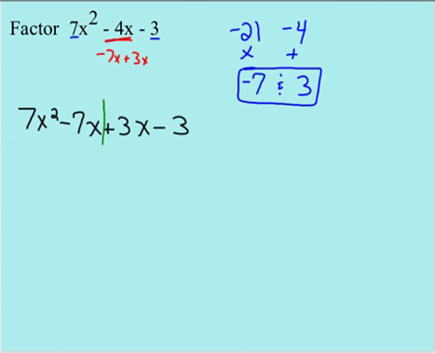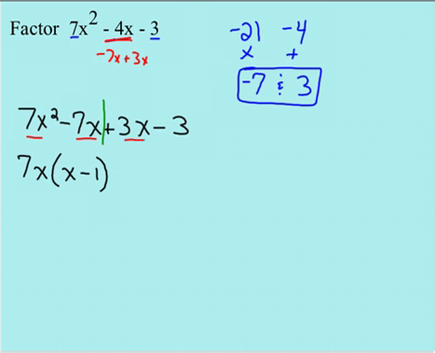Next step is break it in half. What can I factor out of the first two terms? Well, I can factor out a 7 and an x. And what's left? 7x times x is 7x squared. And 7x times negative 1 is negative 7x.